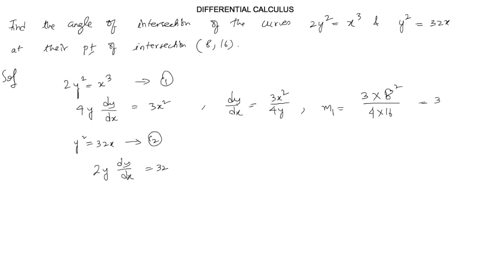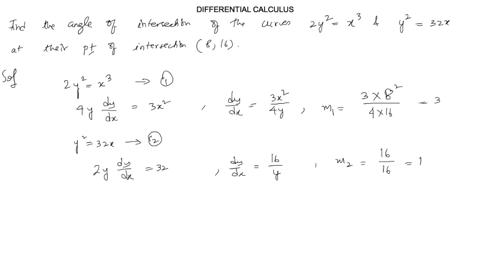This gives dy by dx is equal to 16 by y, and let m2 be the slope of tangent at (8, 16), which would be 16 by 16, which is 1.